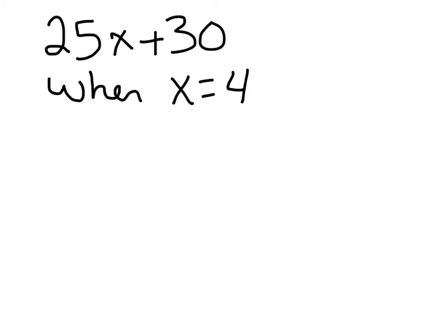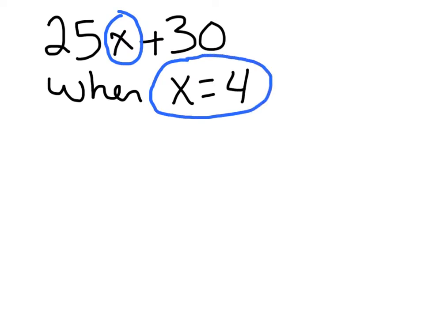So we're going to look here. We've got our expression is 25 times x plus 30. Our variable is x. That's our quantity that we can change. In this example specifically, we're looking at when x equals 4.